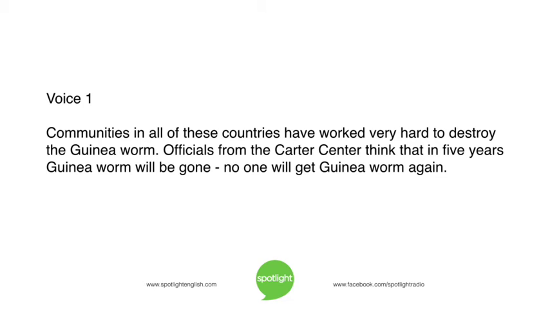Communities in all of these countries have worked very hard to destroy the guinea worm. Officials from the Carter Center think that in 5 years, guinea worm will be gone. No one will get guinea worm disease again.